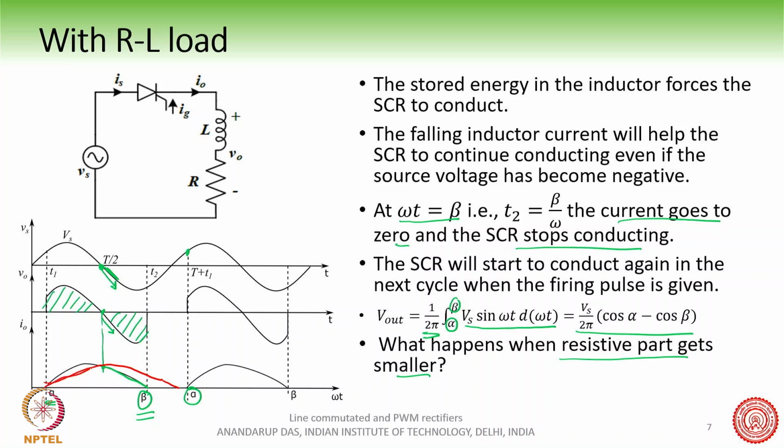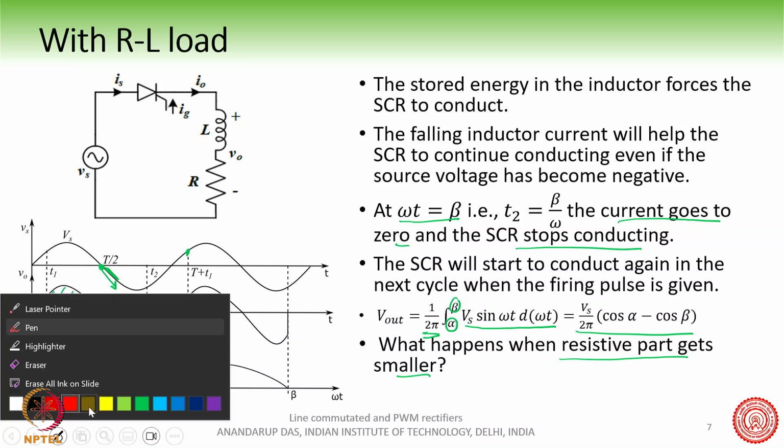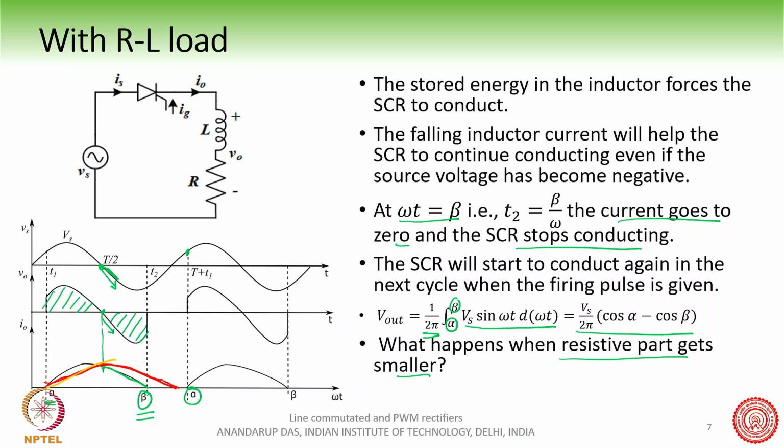Alpha starts here and ends here, and subsequently it may happen that alpha is here and beta is here before the next alpha starts again. At some point, the current will start again before it reaches 0. For some angle, as you can see in the blue waveform here, the current no longer comes to 0 and it starts again like this.